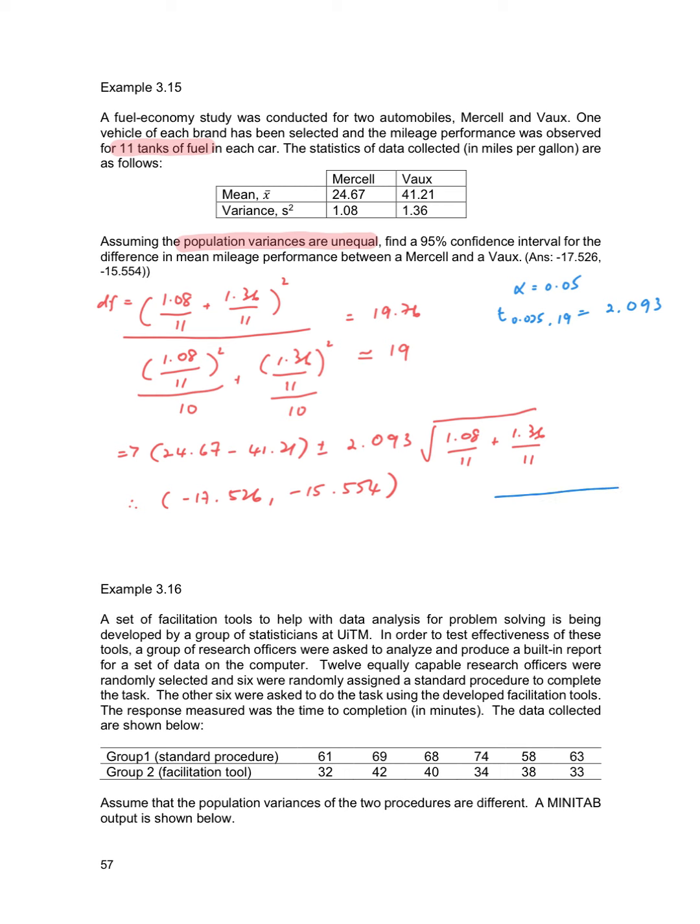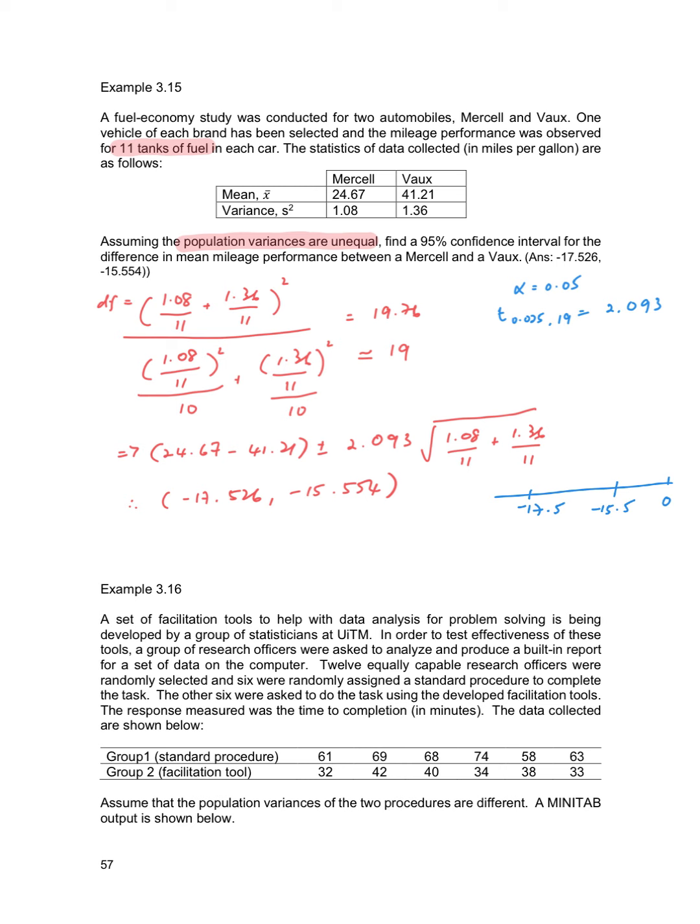Okay, so how do we conclude from this confidence interval? Look at the confidence interval: negative 17.5, negative 15.5. So 0 is not in the confidence interval.